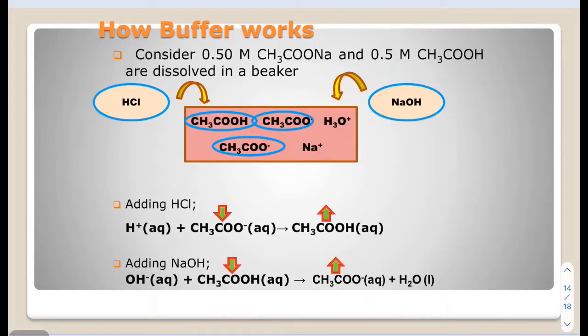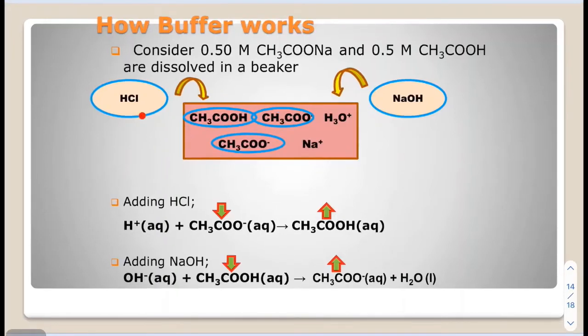So let's consider that we have sodium acetate and also acetic acid. The mixture of these two makes a buffer system here. So when HCl is added to this buffer system, we know that what is being added to the system is an acid, or H3O+, which is the same as the H+ ion.